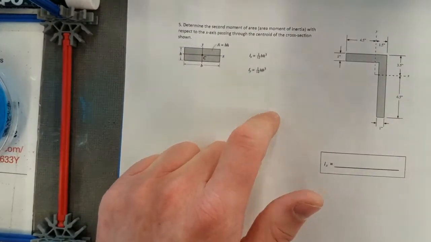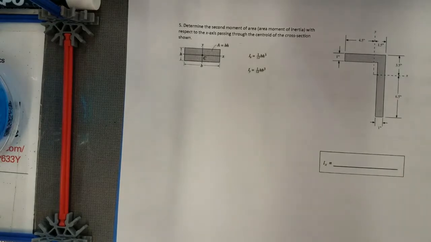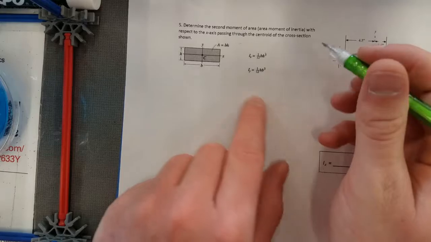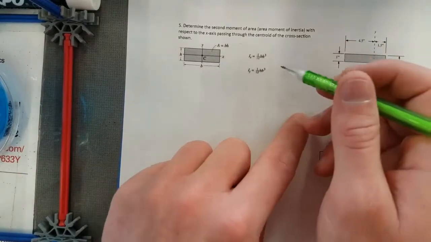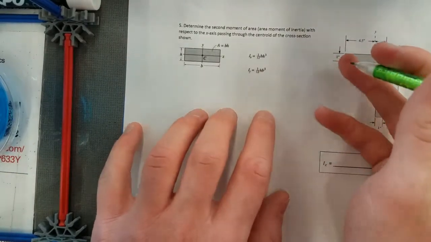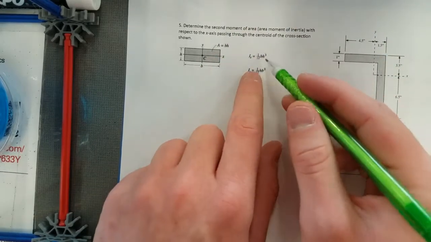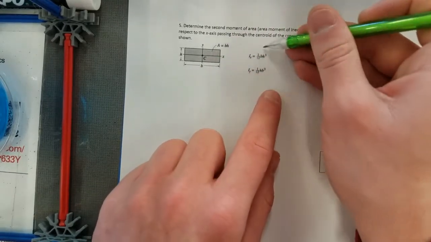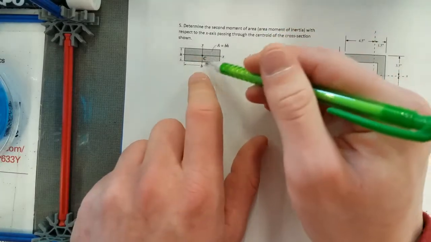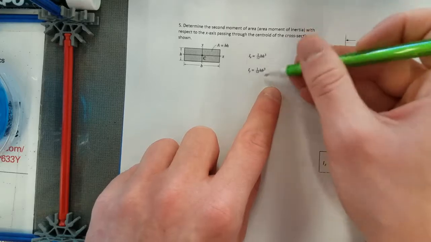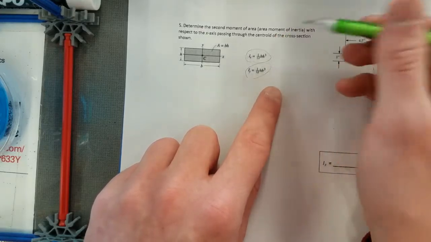And it's kind of similar to how we calculated centroids, meaning that we're going to use another table to make things easier for us. But overall, you'll discuss this in lecture, and I'm just going to write it down here. The moment of inertia is going to be equal to, first off, we have these formulas here. So if we had just this shape by itself, this rectangle here, the moments of inertia would be just these formulas that we have.